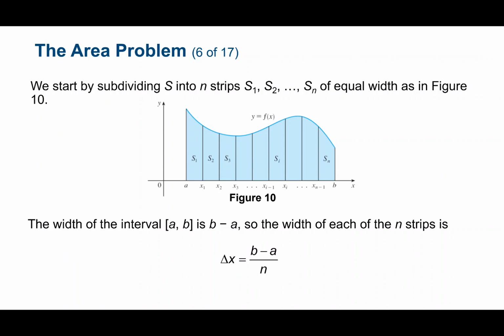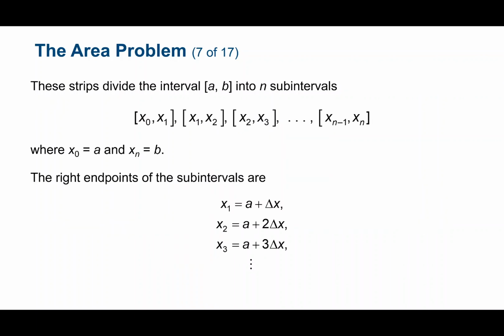Then each one of these little subintervals, we can give a name. Like we could say the first one is x0 to x1. X0 is also what we're calling A because that's where the whole thing starts. But then we just chop it into little subintervals that are all delta x wide.